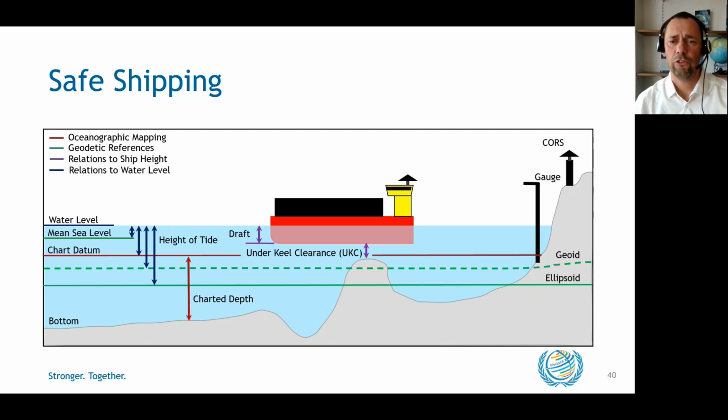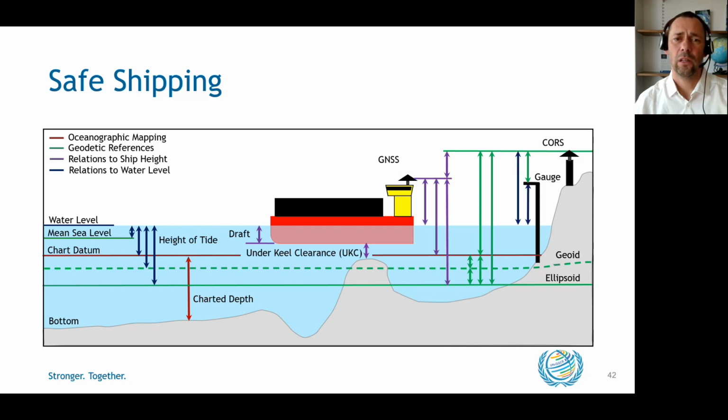Now we turn our attention to the right side of the picture, where we have a GNSS core station and a tide gauge. These are reference stations because geodesists estimated very well the height above the ellipsoid and the geoid. The tide gauge provides us with the height of the water level with respect to the reference surface, and with this the actual depth of the water column.